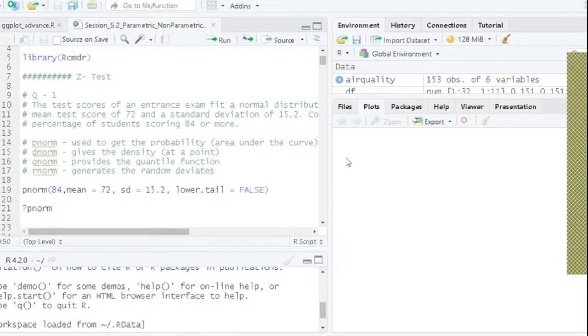But if you want the probability on the upper side, now 84 or more, you will mention lower tail equal to false. It automatically means give me the probability on the upper side. Is that clear?